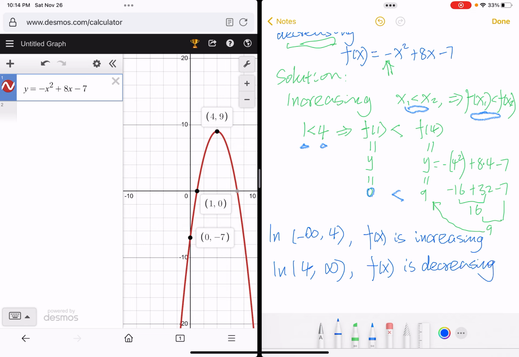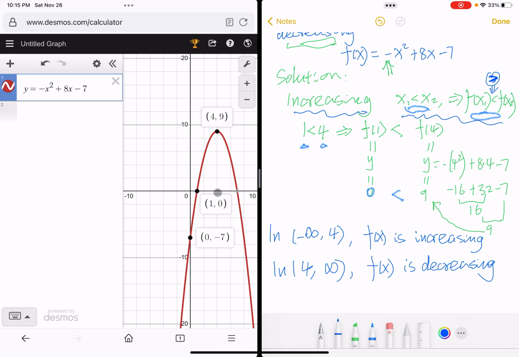All right. So that's basically, if you want to use the abstract expression, if x1 is less than x2, decreasing will be what? This one will be reversed. So when an x value is less than another one, the function value here is actually reversed.